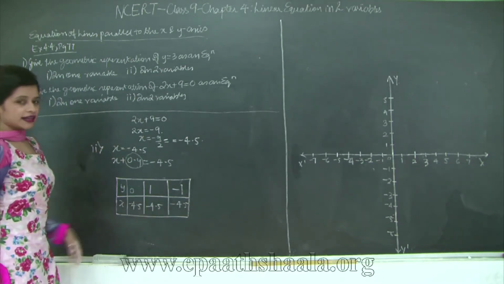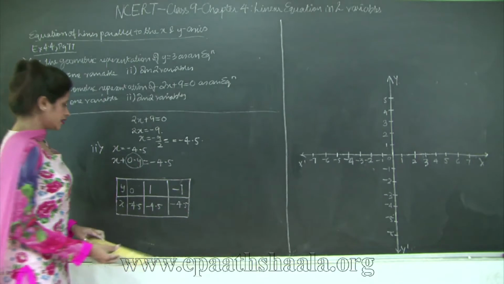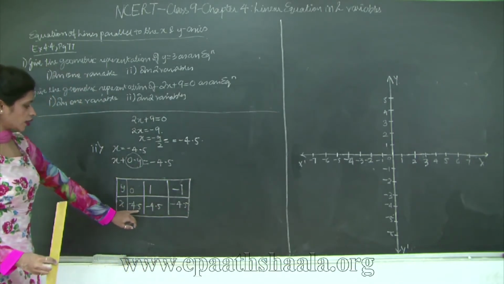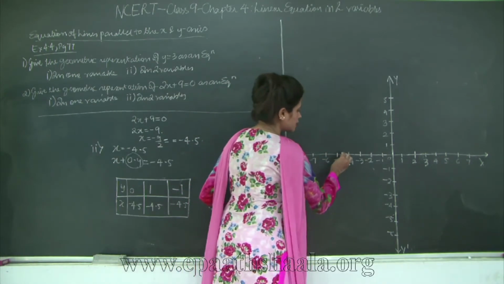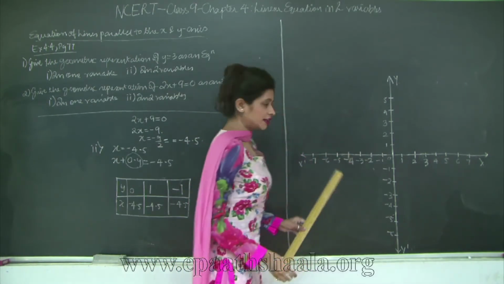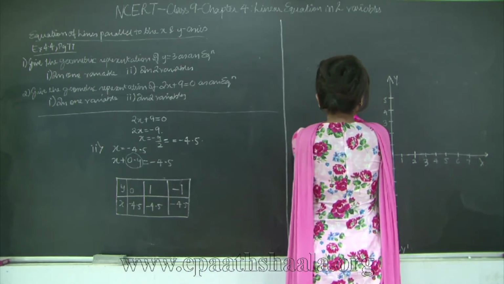So let us go ahead and draw the line for this equation or for these coordinates. I will take my x coordinate as minus 4.5. So minus 4.5 is going to lie exactly here between minus 4 and minus 5. I am just going to draw a line parallel to my y axis.